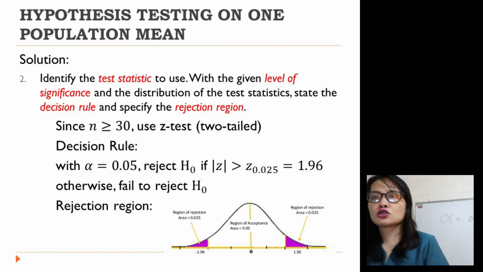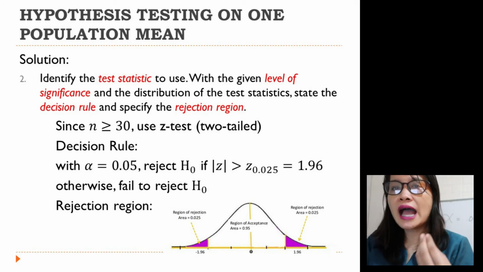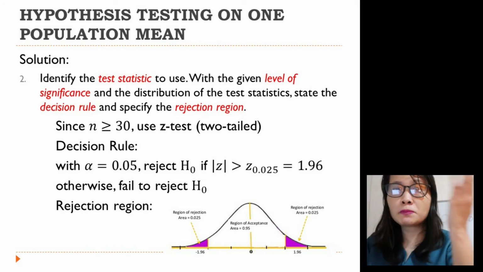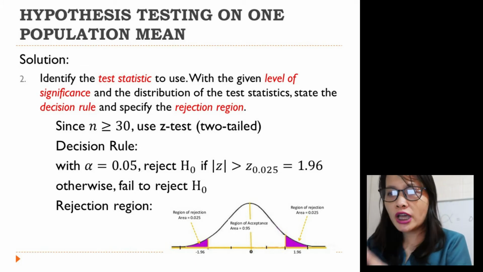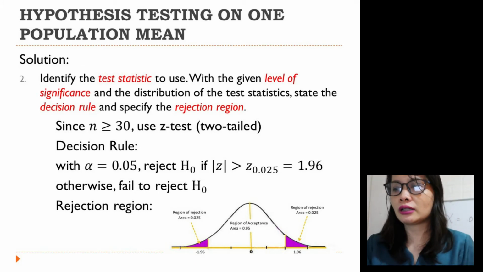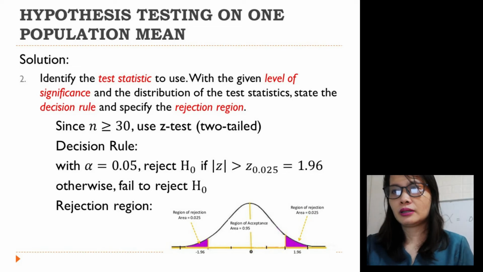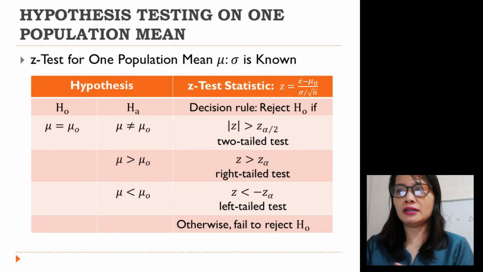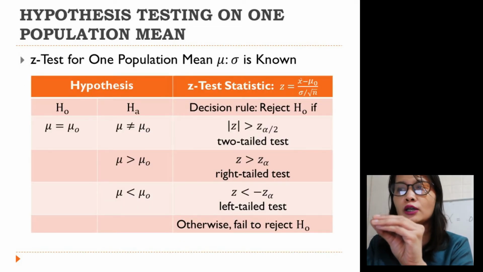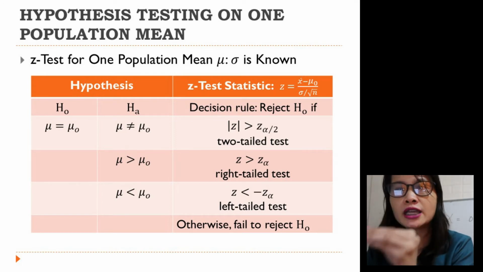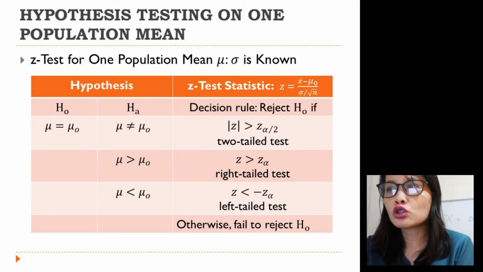So the decision rule with alpha 0.05, because 5% is 0.05. Reject HO, going back to the table. Yung table na pinakita ko a while ago, this one. Decision rule, reject HO if... so two-tailed yung gagamitin.